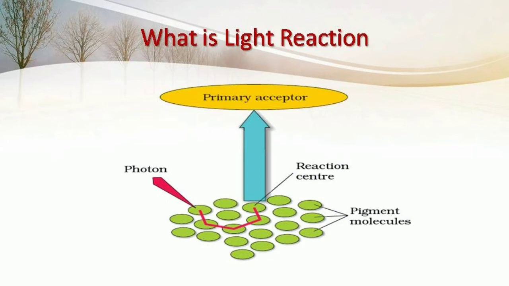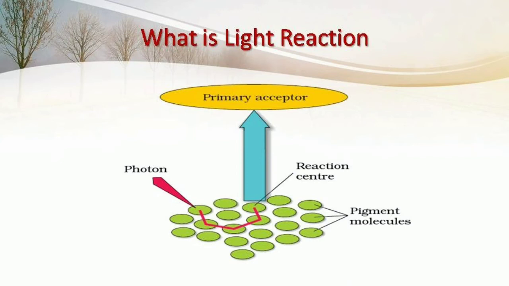In photosystem 1, the reaction center chlorophyll A has absorption at 700 nanometers, hence we call it P700. In photosystem 2, the absorption is at 680 nanometers and we call it P680.